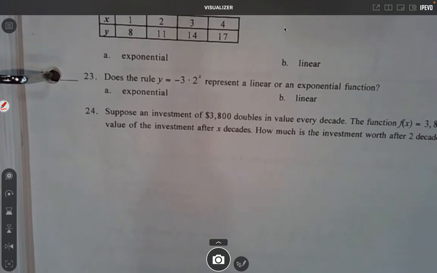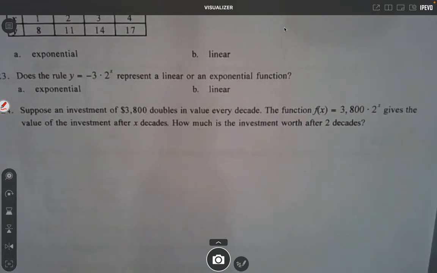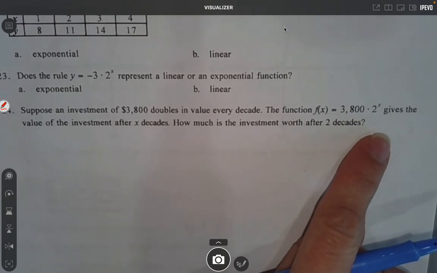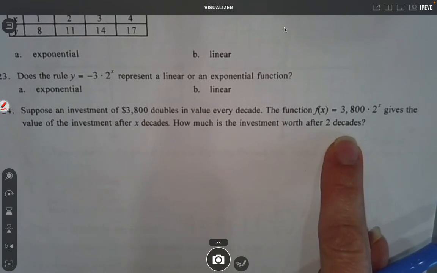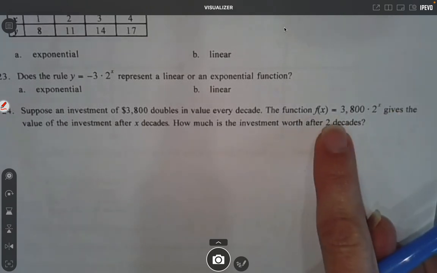Okay? Then this one, they give you the formula, nice and easy. They just said, okay, this function is what we have, and it says how much is the investment after 2 decades. So what are you plugging in for x? 2.